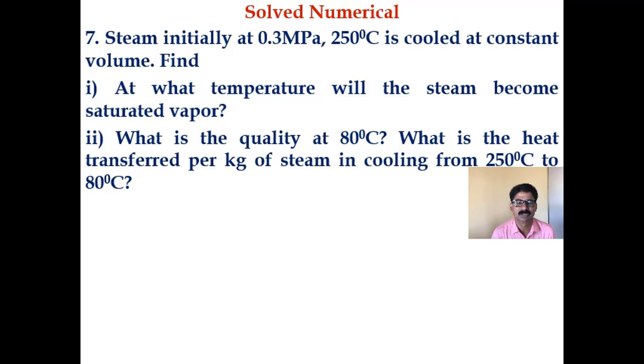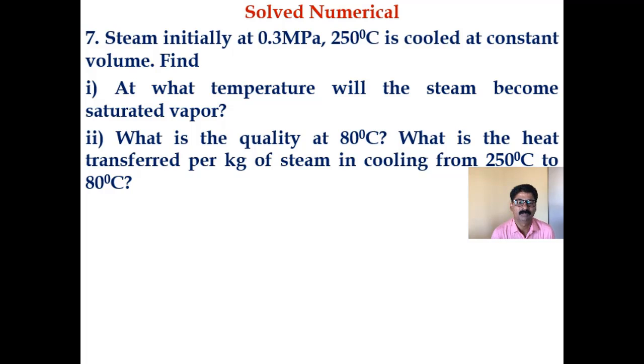So the initial condition of steam is 0.3 megapascal, that is 3 bar, and 250 degrees Celsius. You have to find out whether the steam is superheated, dry or wet by knowing its saturation temperature at 0.3 megapascal.